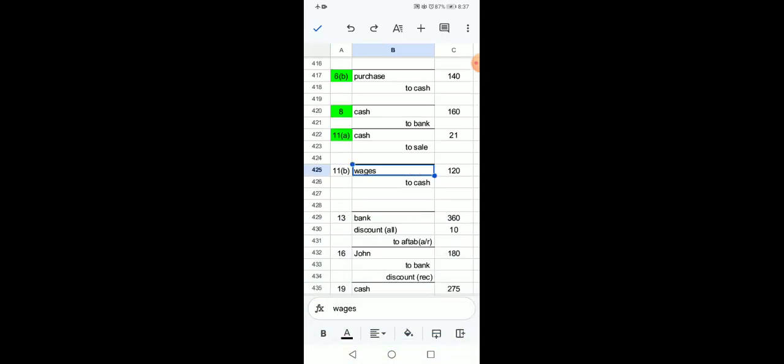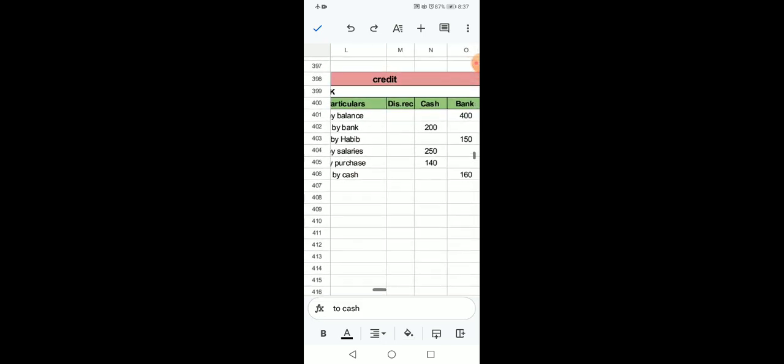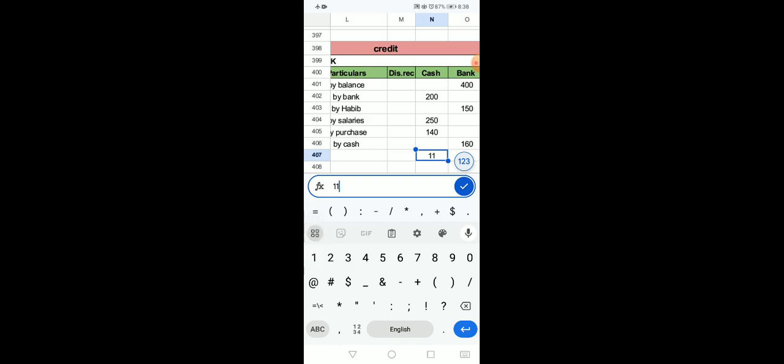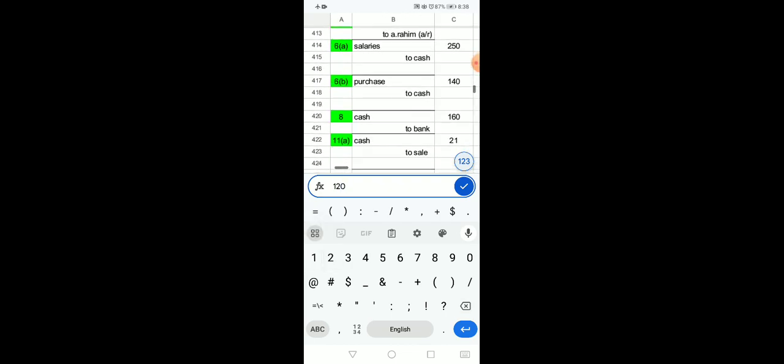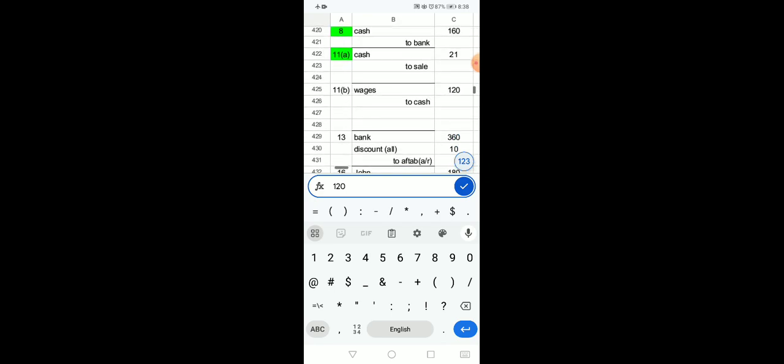Now 11B, where there are two elements, but only one element is needed to be posted, that is cash. Cash credited 120. Go to the credit side of cash and write down 120 over here. Okay, now see its reference, cash is credited, and what is written on the opposite side? Wages.